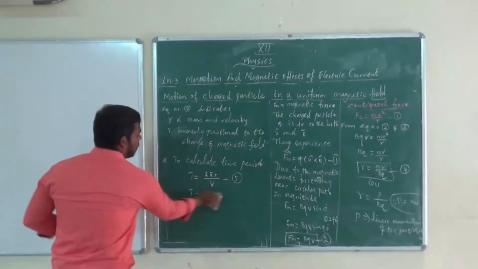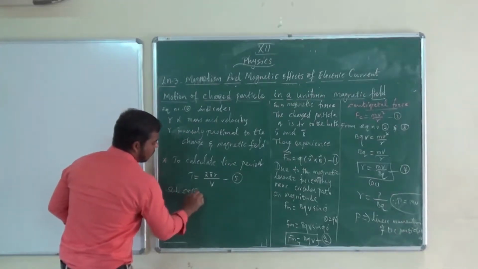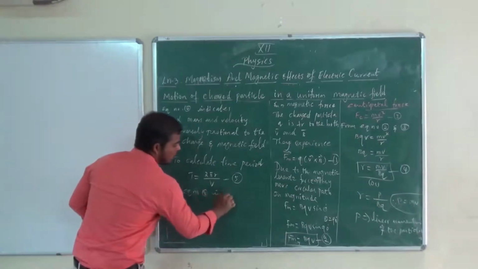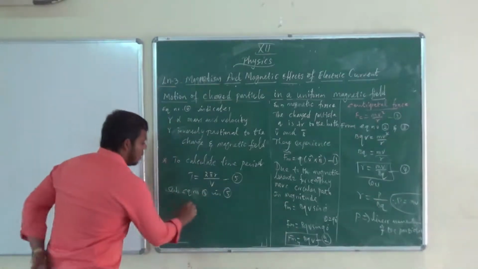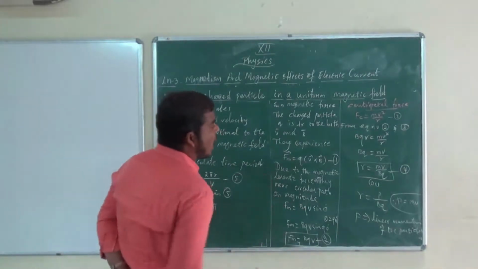Substitute equation 4 in equation 5. What do we get? T is equal to 2 pi times r, and r is mv by qB.